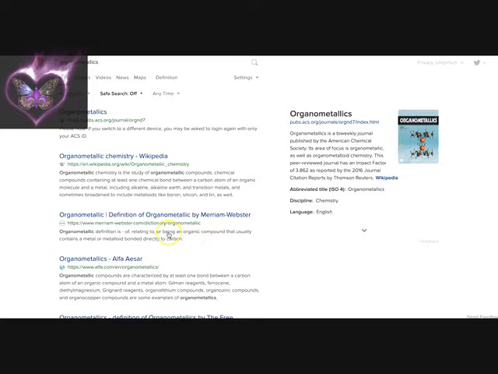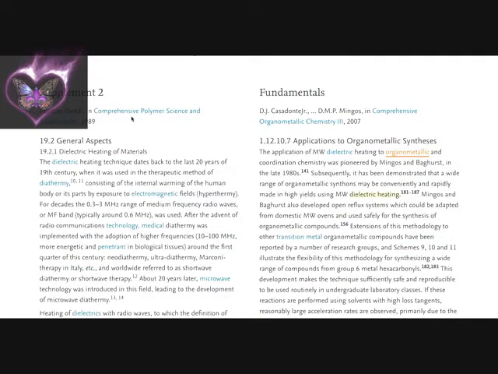Relating to or being an organic compound that usually contains a metal or metalloid bonded directly to carbon. Okay. Bonded to carbon. Alright.